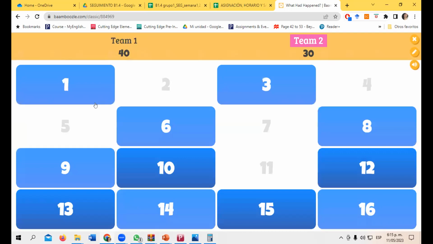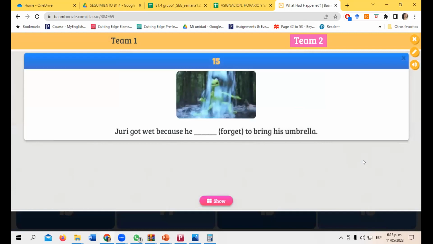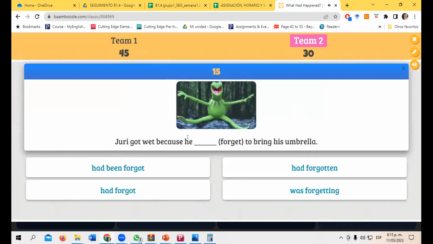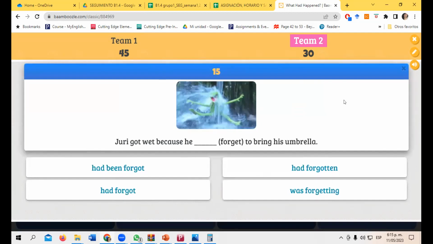Okay. Group number 2, Elkin. Number 12. Yuri got wet because he forget to bring his umbrella.